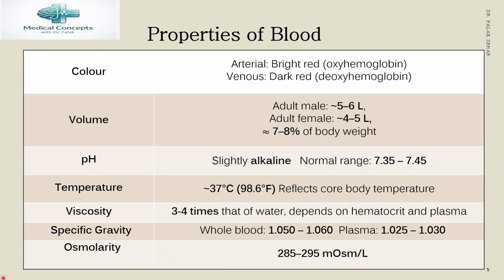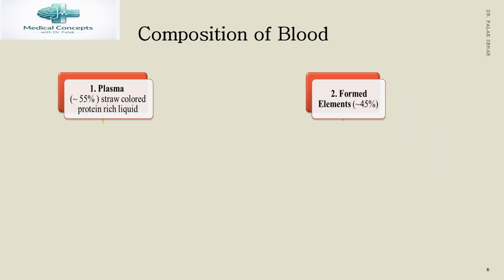Osmolarity is 285 to 295 milliosmol per liter. From an exam point of view, you have to remember all those numbers that include the osmolarity, the specific gravity, the viscosity, and its pH. These are all very important, okay? And also the volume of the blood in males as well as in females.